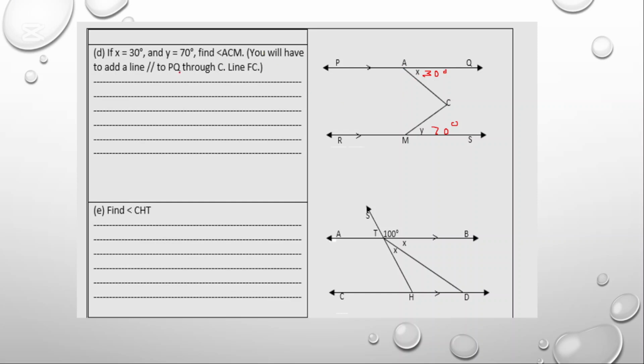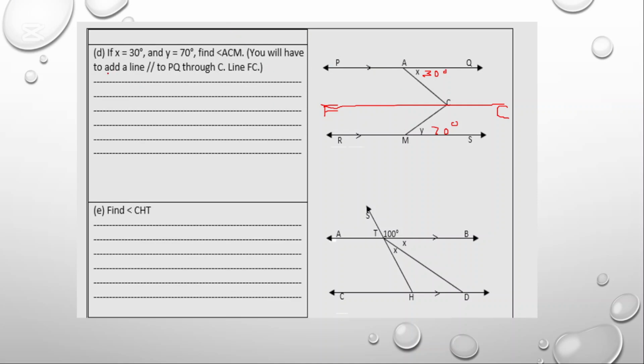You will have to add a line parallel to PQ through C, and we call that line FC. I don't have a ruler, so I'll just try and rule a line as straight as possible. So you will rule a line from there to there, and you will call this line FC. And this line is also parallel to PQ.